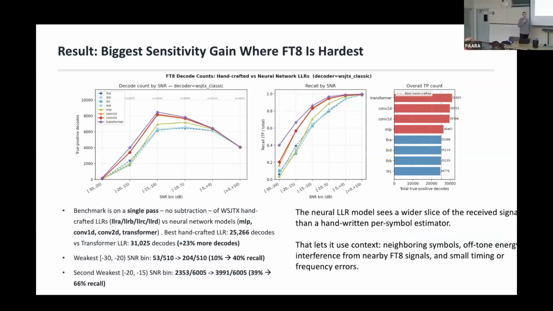So I have to think about how to answer that question. The formula-based methods in WSJT-X are quite close to optimal, assuming additive white Gaussian noise and assuming the phase coherence of the signal is perfect.